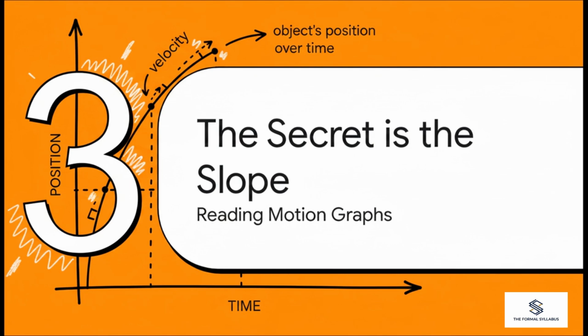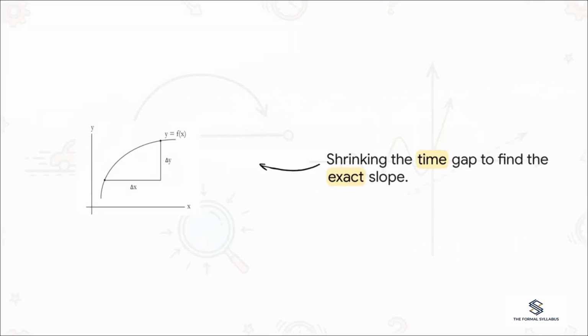Section 3. The secret is the slope and how to read motion graphs. Okay, instead of dense math, we're going to use a simple visual trick. If we graph an object's position over time, the actual shape of the line reveals everything. Take a look at the triangle tucked under the curve here. The bottom represents a chunk of time, and the vertical side represents the distance traveled in that time.